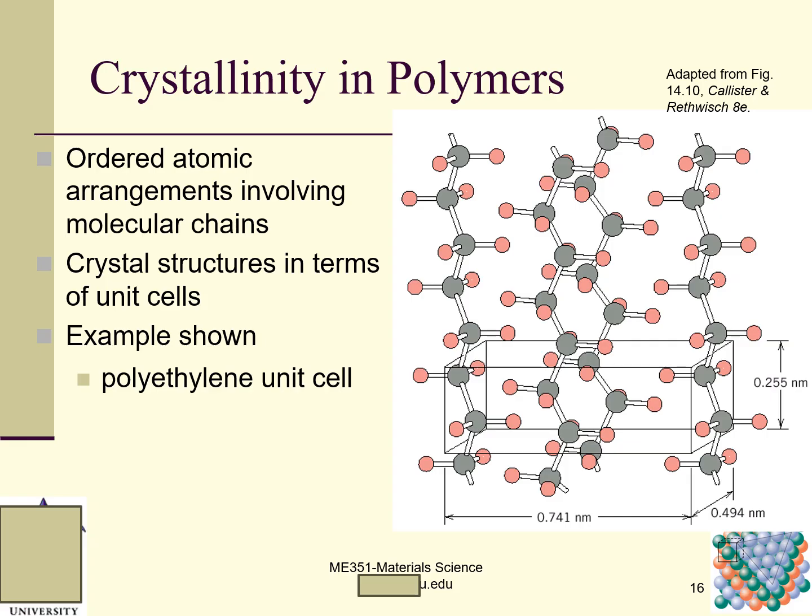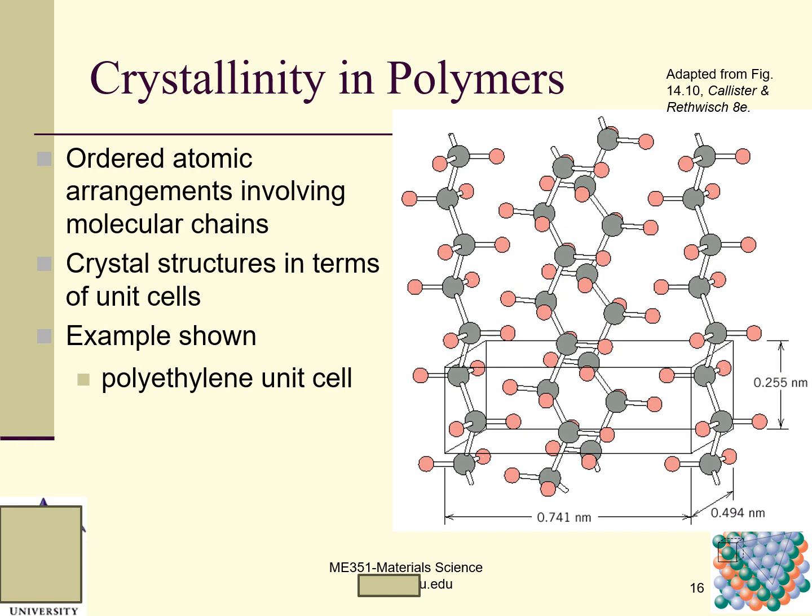But now I understand. Crystallinity usually happens in metals or metal alloys. But in polymers, it is very, very difficult to arrange the chains periodically, and most of the time we do not have crystallinity.